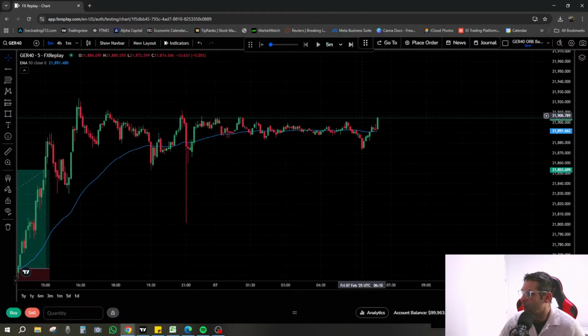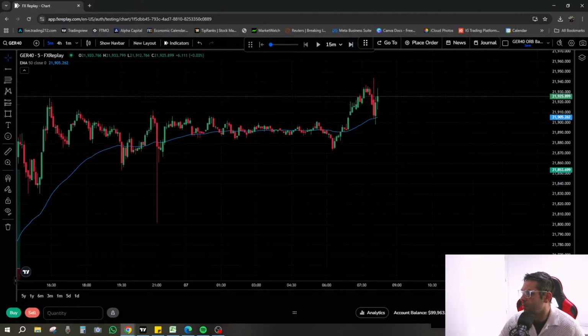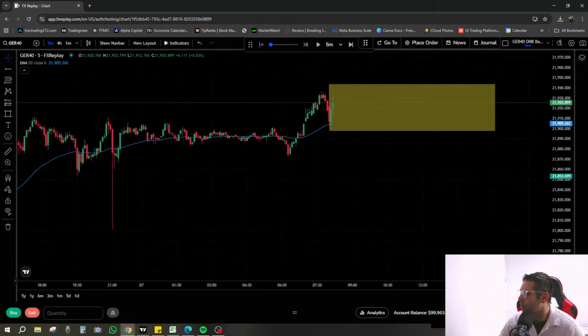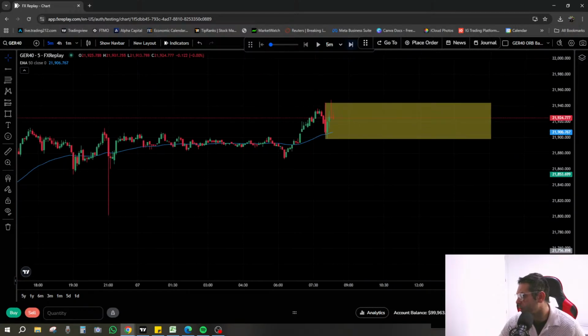Wow, that's a long range. 15-minute candles right there. So this is our high. This is our low. The broad range. Let's see what it does.